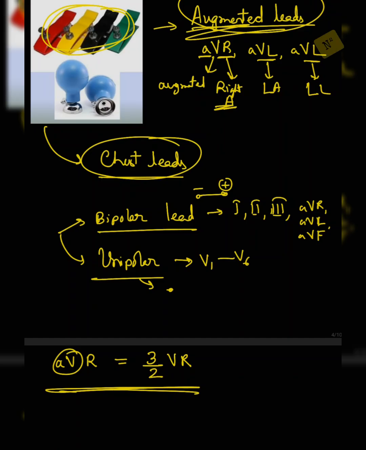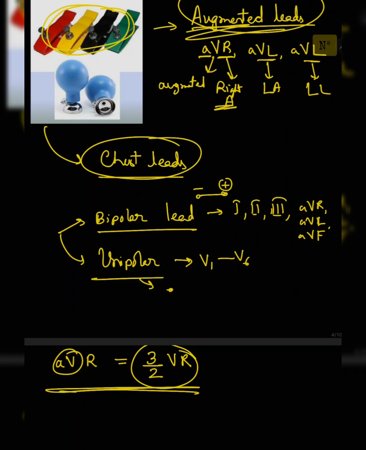Because when Einthoven first invented the method of recording the ECG, the potential that he was recording was very minimal. For doing calculation and extensive research, that strip is not sufficient. So for doing calculation we need amplification of the voltages.